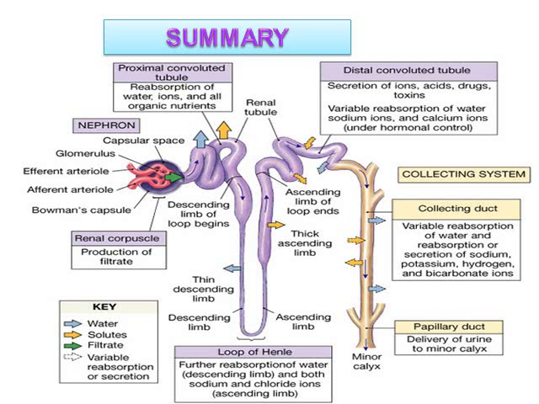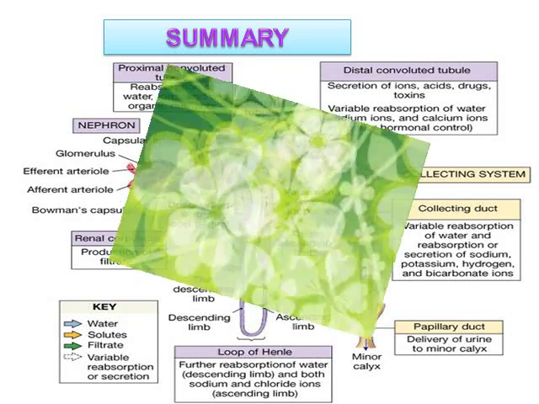Distal convoluted tubule: secretion of ions, acids, drugs, toxins; variable reabsorption of water, sodium ions, and calcium ions. Collecting duct: variable reabsorption of water, and reabsorption or secretion of sodium, potassium, hydrogen, and bicarbonate ions. Loop of Henle: further reabsorption of water in the descending limb, and both sodium and chloride ions in the ascending limb.